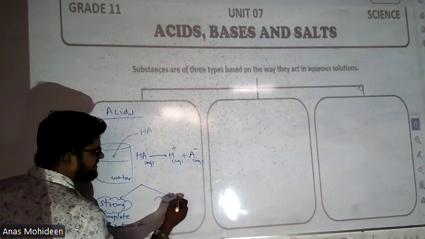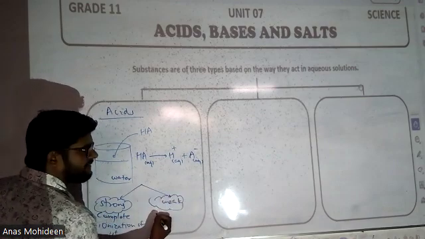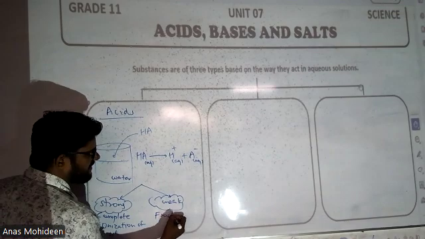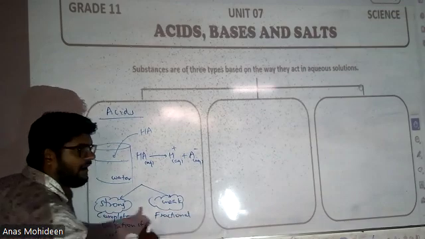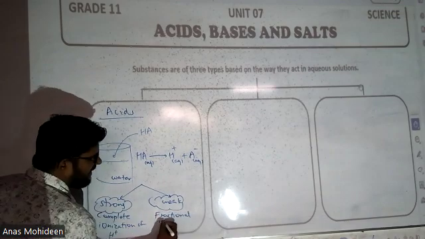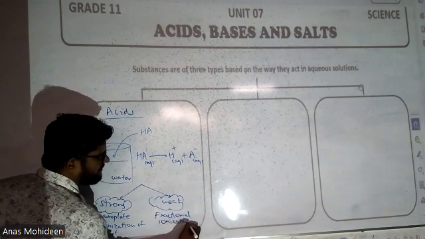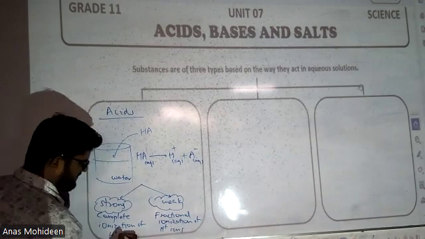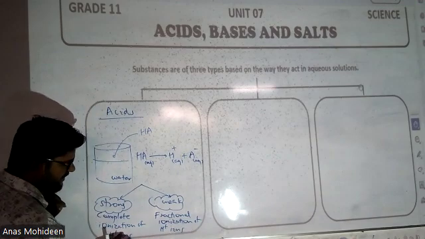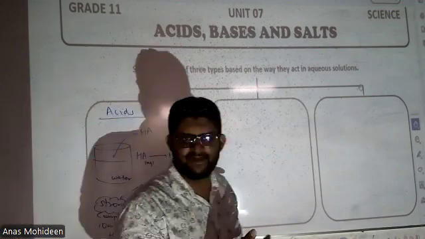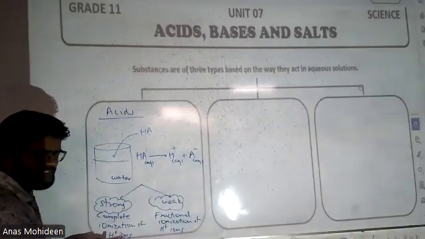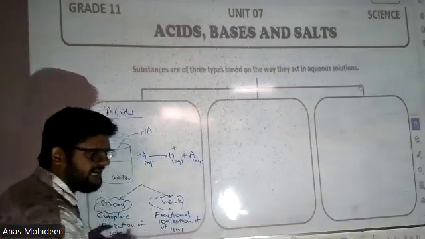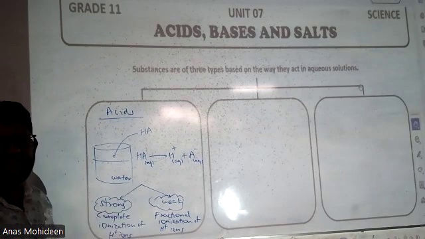Then weak acids are those with incomplete, or we say fractional or partial, ionization of hydrogen plus ions. It is not a neutral atom, okay? It is an ion, hydrogen plus ion. So completely ionized is a strong acid, incompletely ionized is a weak acid.